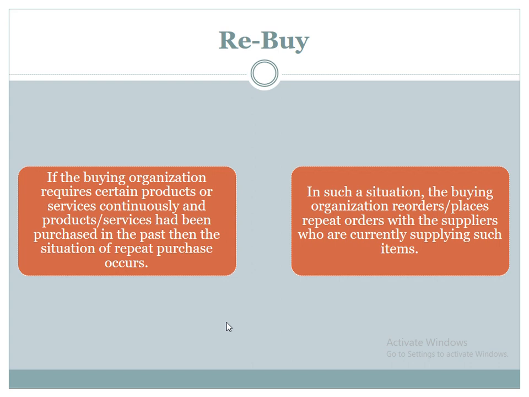This means the product, the price, the delivery period, and the payment terms remain the same in the reorder, as per the terms of the trade that were agreed upon while the vendor was being empaneled as a supplier.